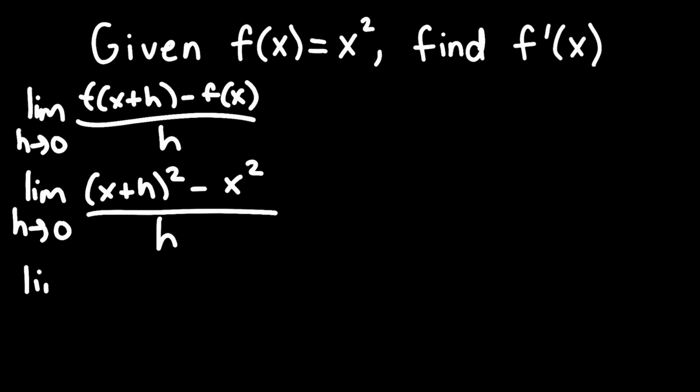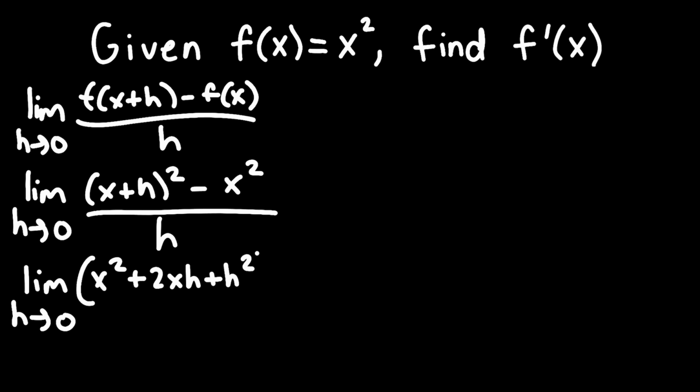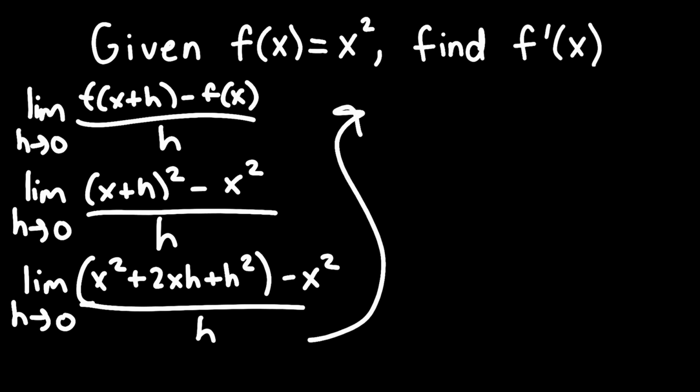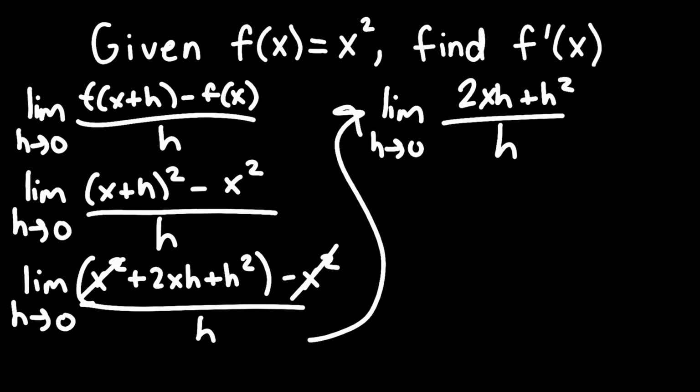And this is the starting point of our derivative. So from here on out, we're going to simplify this as much as we can. We will get x squared plus 2xh plus h squared, if we FOIL that out, minus x squared all over h. And then here we can start canceling some things out. So x squared and negative x squared cancel out, which will leave us with simply 2xh plus h squared divided by h.